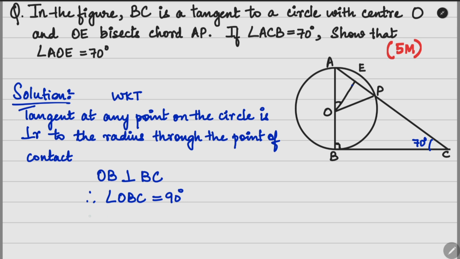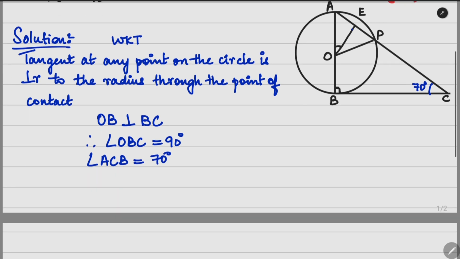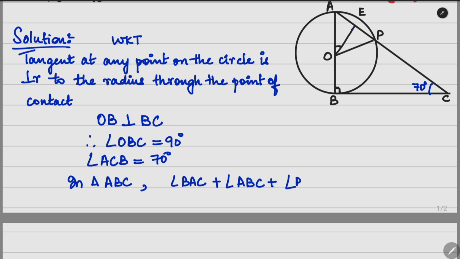We are also given angle ACB. ACB is also given as 70 degree. Therefore, in triangle ABC, all the three angles of ABC, that is angle BAC plus angle ABC plus angle BCA equal to 180 degree using the angle sum property of a triangle.